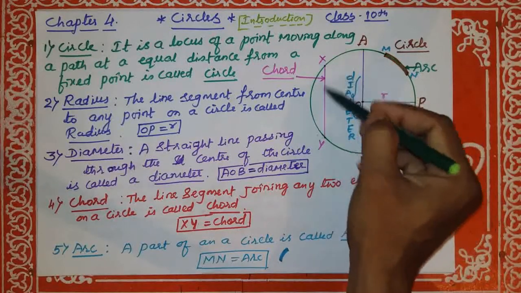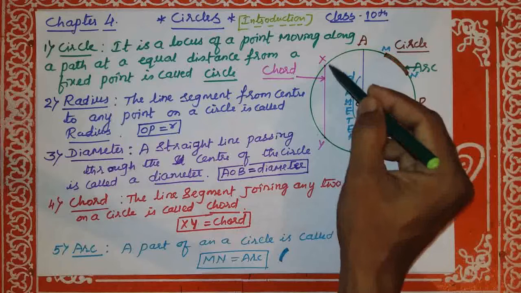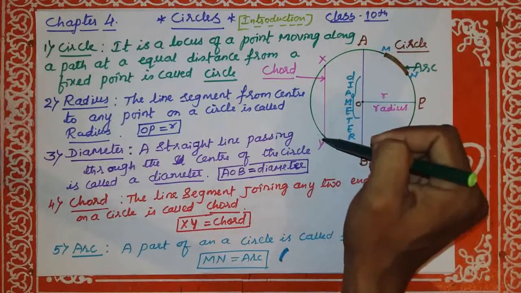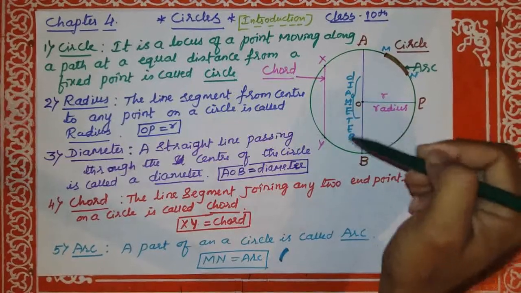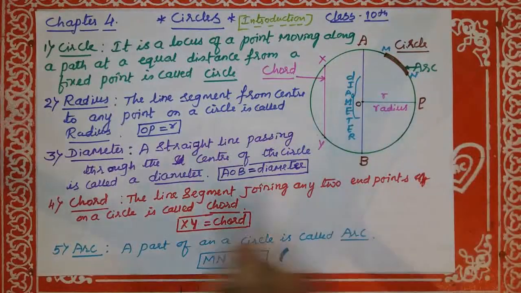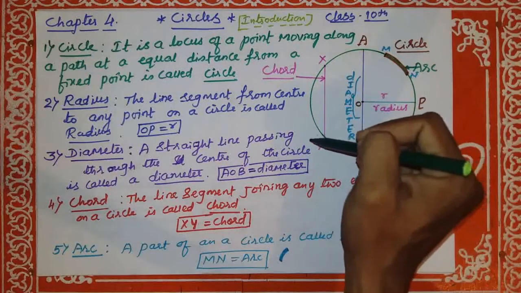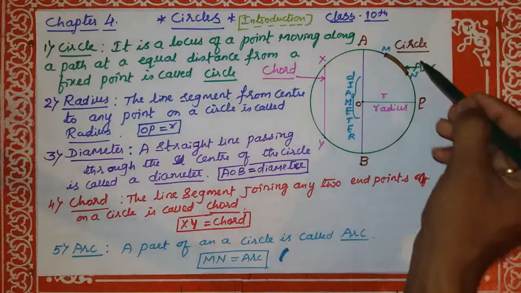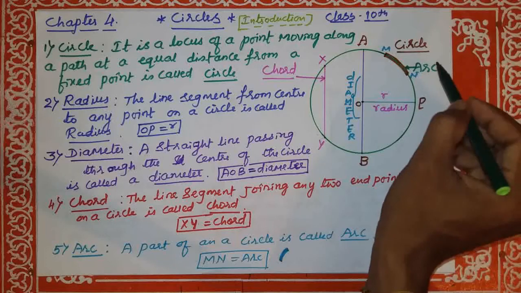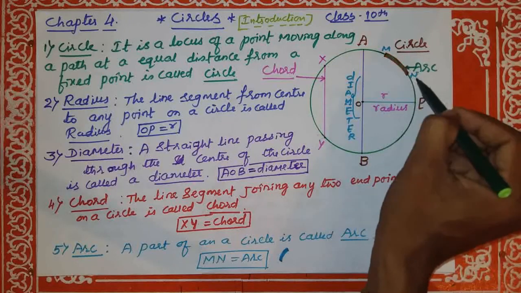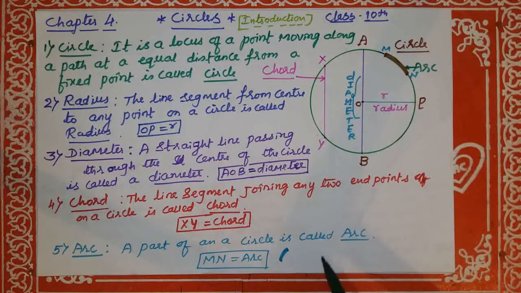The line segment joining any two points on the circle is called a chord. Next, arc. It is a part of a circle. Here MN is an arc. A part of a circle is called an arc.